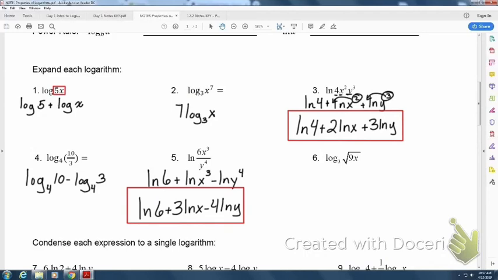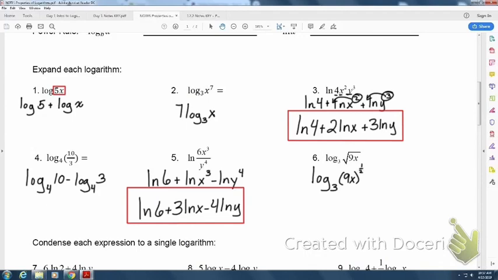Going to 6. If you have a radical in there, you want to change this to rational. And we talked quite a bit about how square rooting something is the same as raising it to the power of 1/2.